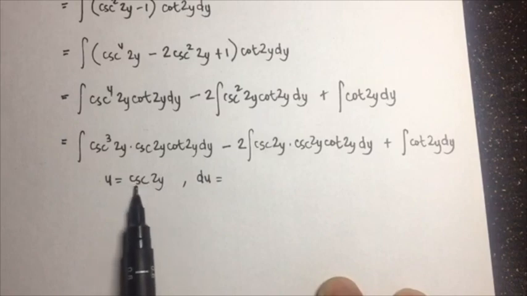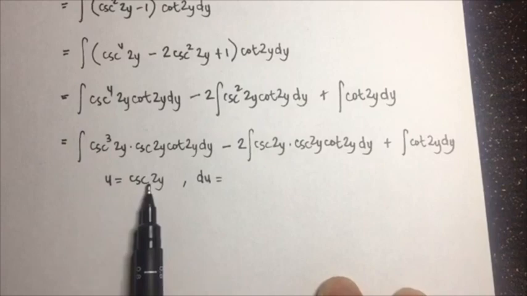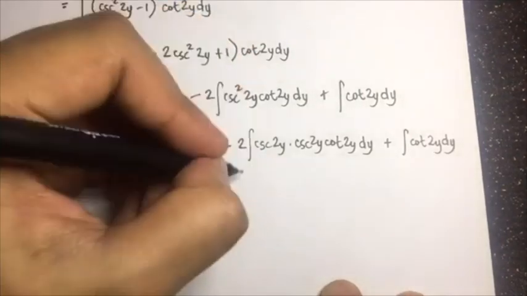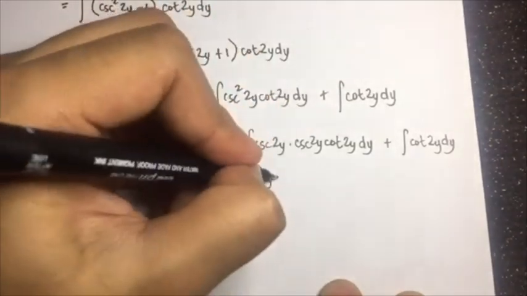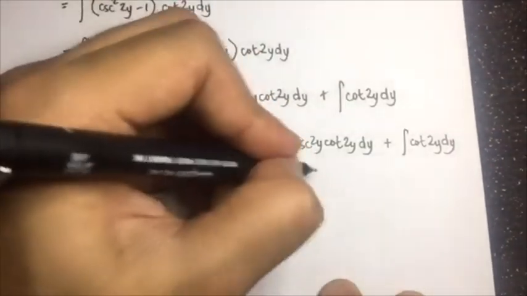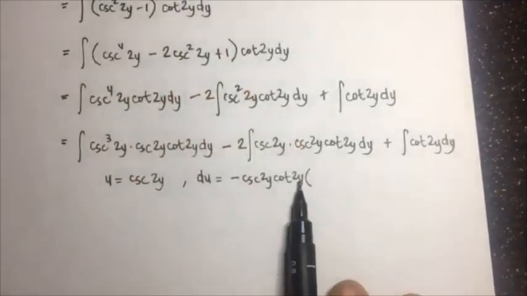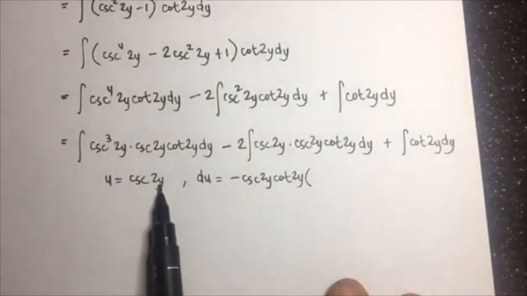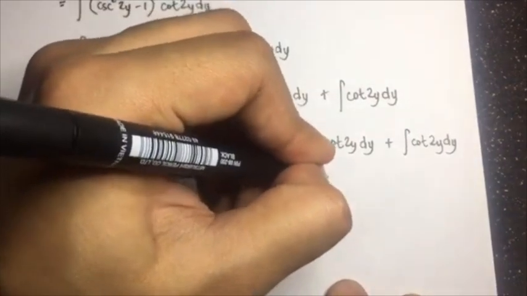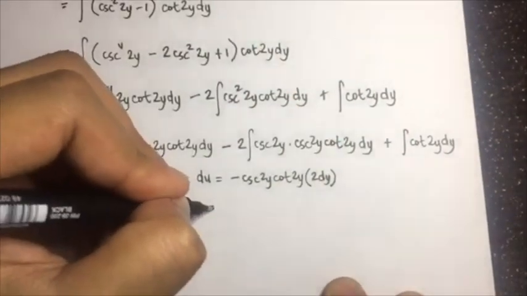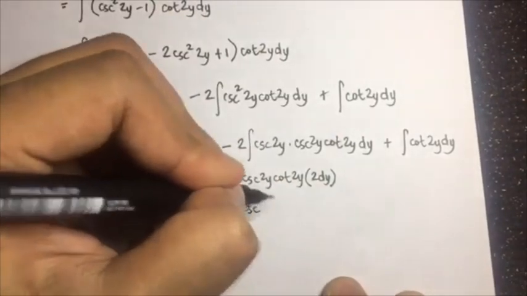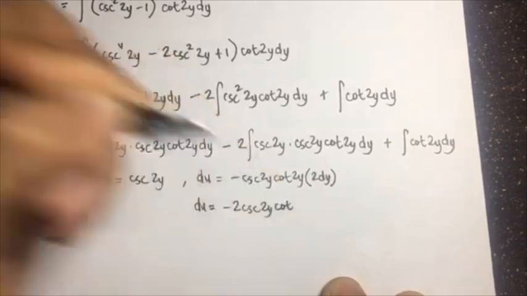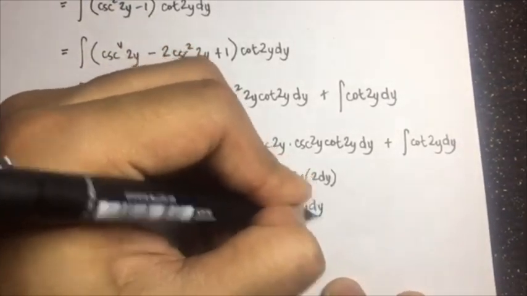Sorry, the differential of cosecant is negative cosecant cotangent. Okay, so du will be negative cosecant 2y cotangent 2y multiplied by the differential of 2y, which is 2 dy. So our du should be negative 2 cosecant 2y cotangent of 2y dy.